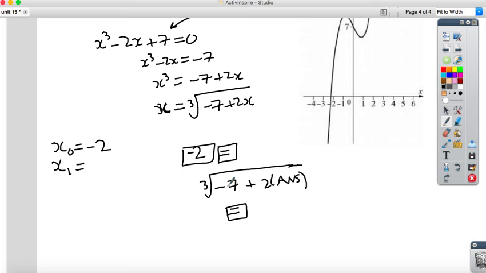Because I haven't got a calculator, you have to trust me, it's going to be whatever the cube root of -11 would be. You'd write that as a decimal.